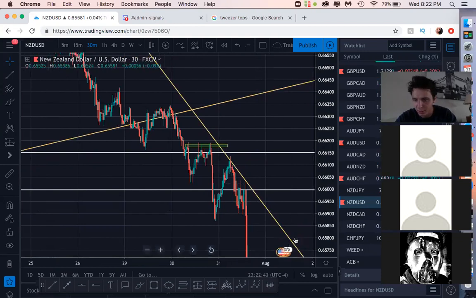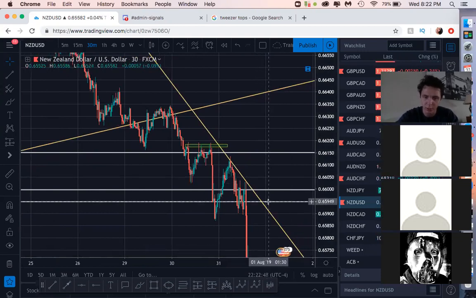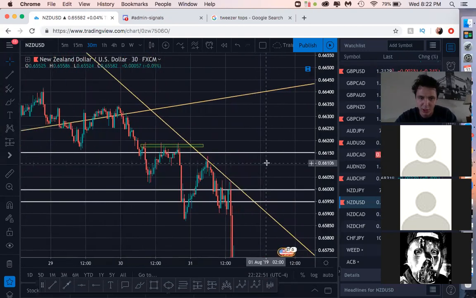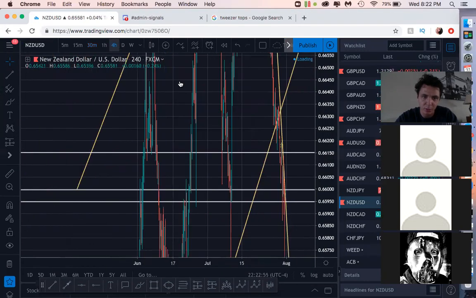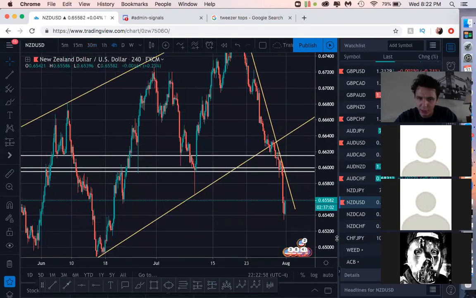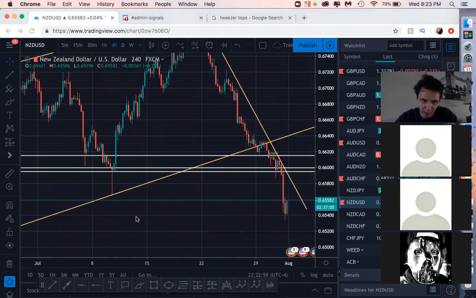I said, if you're going to go for take profit 2, go no lower than 65.95, just because what I was seeing at the time that I was sending this out was market having this right here.